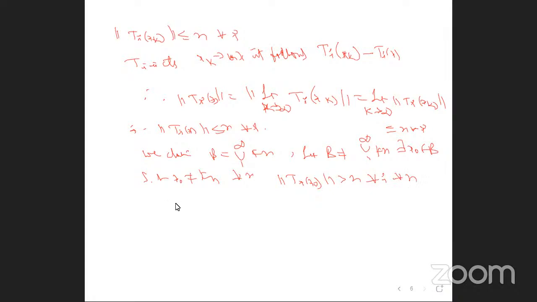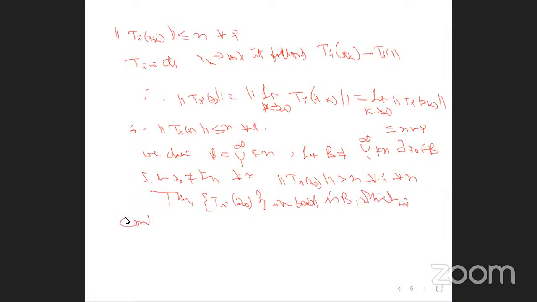Thus T_i(x naught) is unbounded in B, which is a contradiction to the hypothesis.